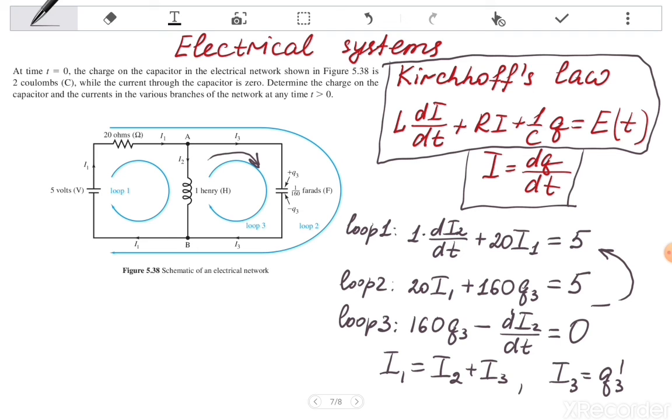It's given in the problem that the charge on the capacitor, Q3 at time 0, is 2, and the current through the capacitor, I3 at time 0, is 0. This is the same as Q3 prime of 0, so we'll use one of these initial values.